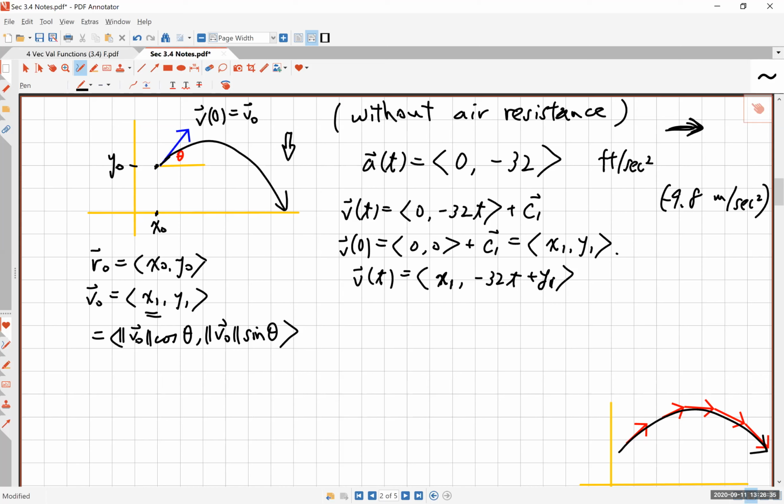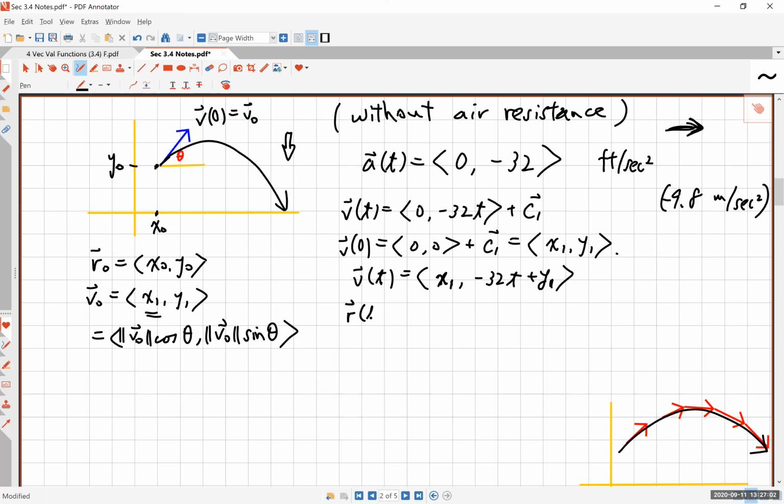Y1 is a positive value, but then it's going to lose the vertical acceleration at a rate of 32 meters per second. Okay, so if you shoot this up at 32, if y1 is 32 meters per second, then in 1 second it's going to stop moving and then starts to go down. Right? And what I mean by stop moving is stop moving vertically. All right, so then that is my velocity.